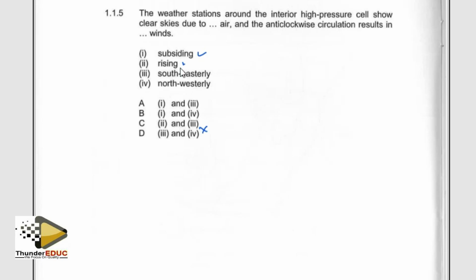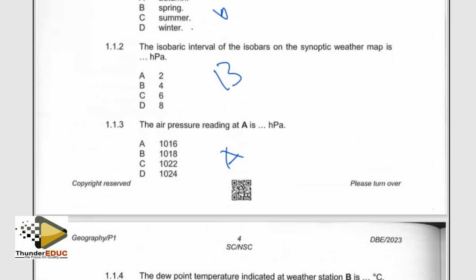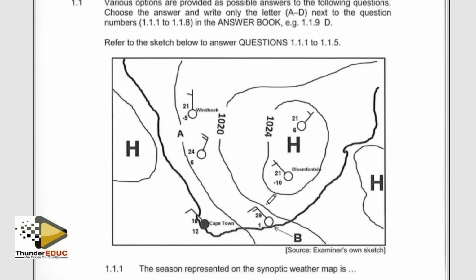We go to another one. Southwesterly direction or southeasterly direction. So there is Roman numeral 3 there. When you look at Roman numeral 3, it can't be southeasterly when you look at this weather station. You go back here and you check. Is it southeasterly? No, it is not easterly. We go back down there.